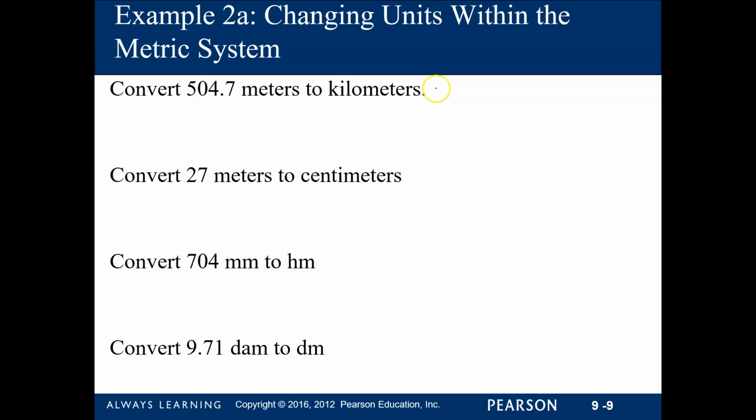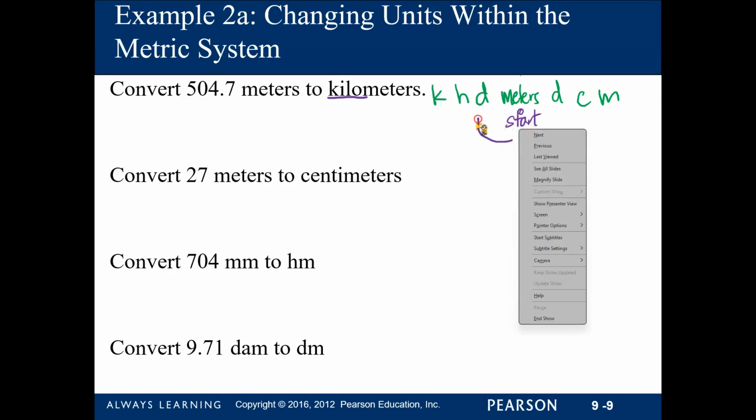So for example, let's have our unit here. So we have King Henry died drinking chocolate milk. The unit is meters, okay? We are given 504.7 meters. So we are going to start with meters. So this is our start. And we need to change from meters going to kilo. So from here, how many decimal places do we need to move?